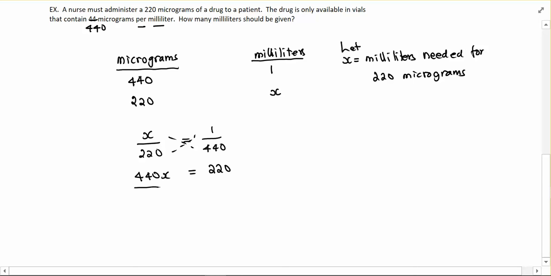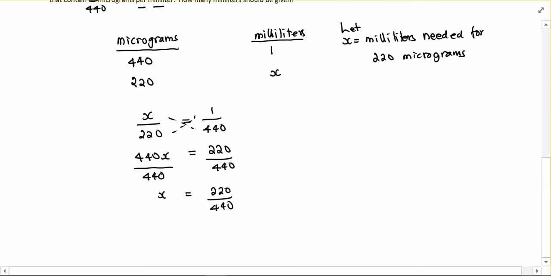So divide that by 440: X is equal to 220 over 440. Make sure you reduce if at all possible. This one certainly reduces. You could reduce by 10. I know that some of you could do this faster, but I just want to walk you through the process. You don't have to find the greatest thing to reduce by. You can work your way there.